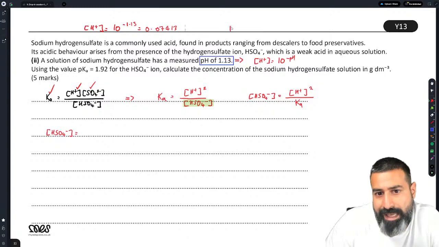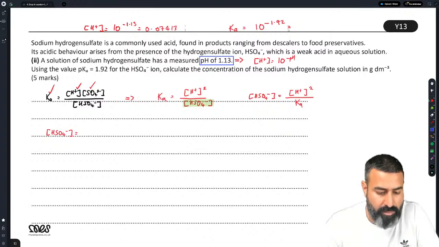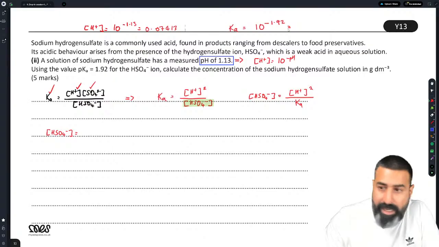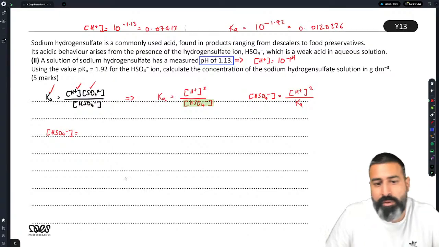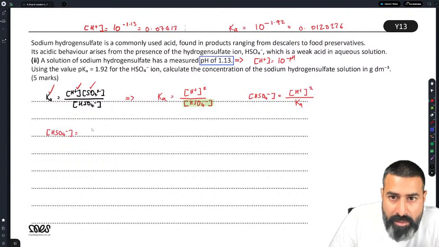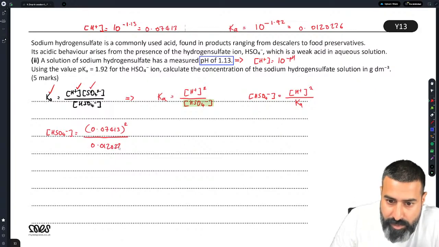Okay, so then to get Ka, that's 10 to the power of minus 1.92, because I've got pKa. Does that make sense? Hopefully that looks good. So Ka is equal to 0.0120226. Okay, cool. So now I'm just going to bung these in. So that's 0.07413 squared all over 0.0120226.